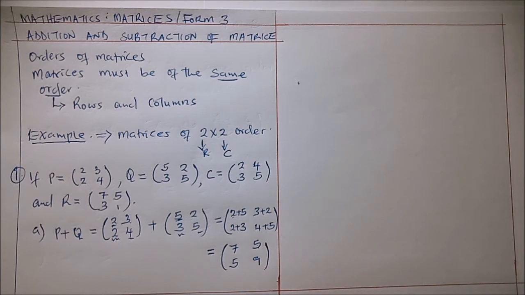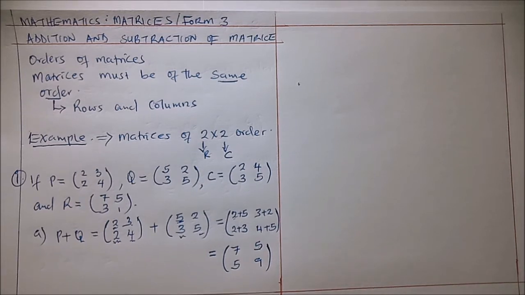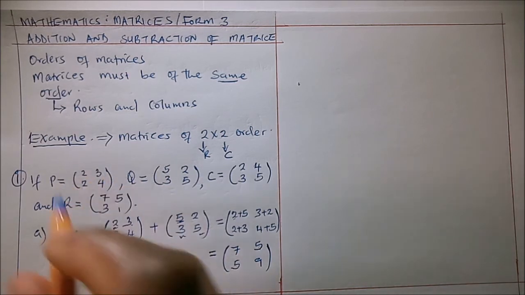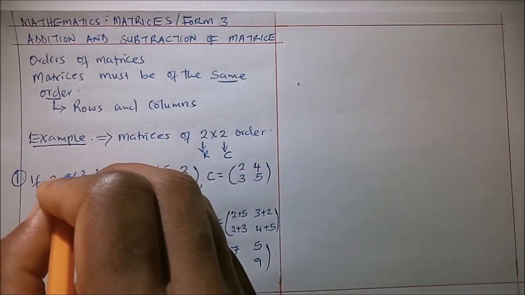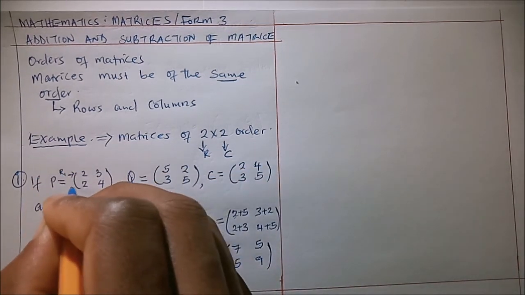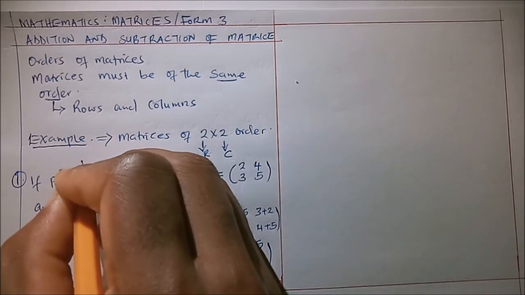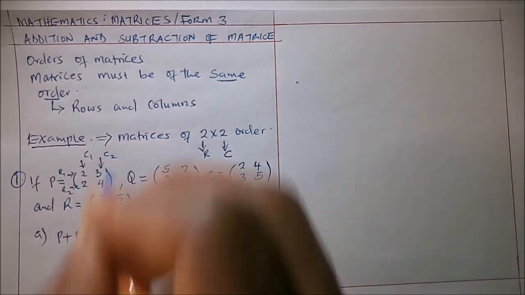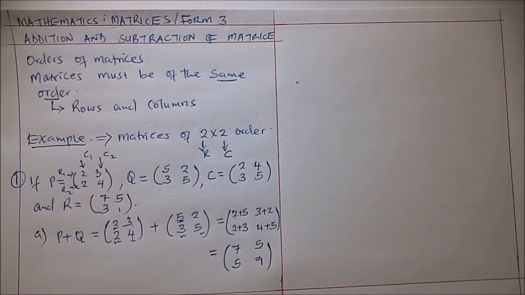For addition, we look at elements in the same position, then we add them, and we have to add matrices of the same order. In our case here, P is of 2 by 2 order because it has 2 rows and 2 columns.